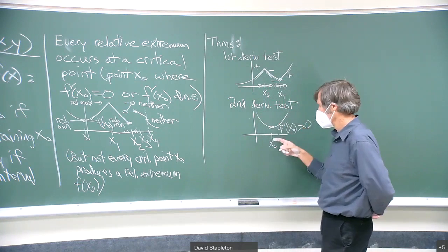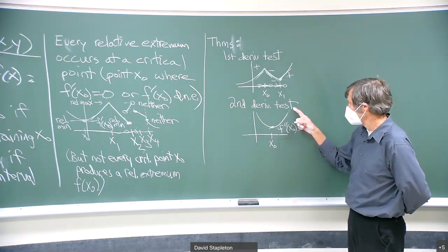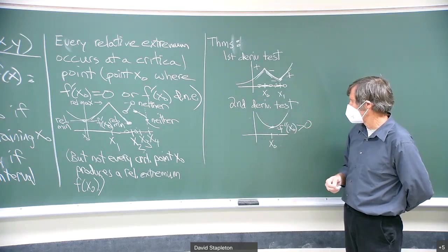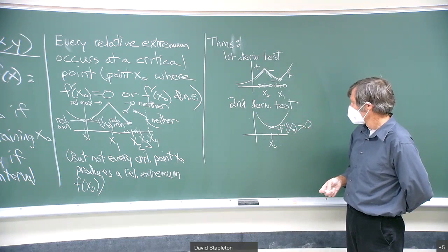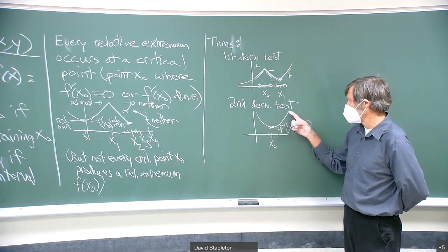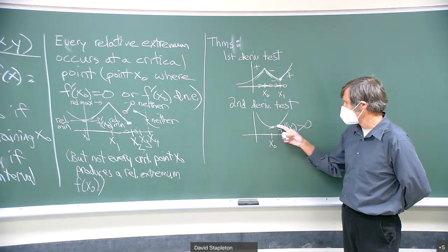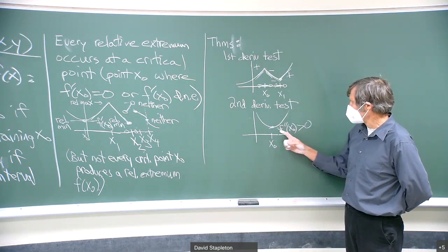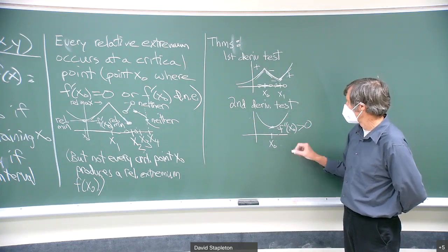It's concave up. Remember, the second derivative makes it concave up. You don't actually need concave up in the interval, all you need is second derivative positive at the point. But I like to think of concave up, because if it's positive in an interval, it'll be concave up. If the second derivative is positive at a point, what did that tell you at a critical point?